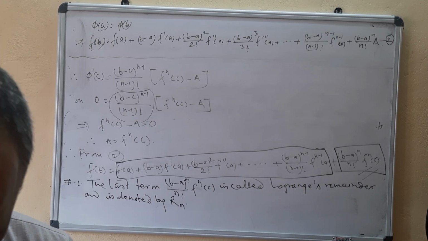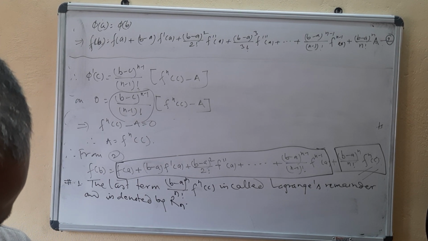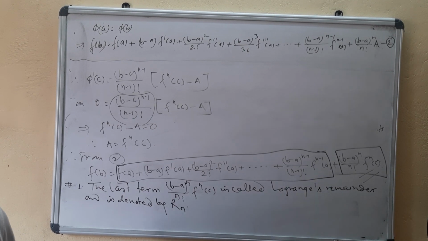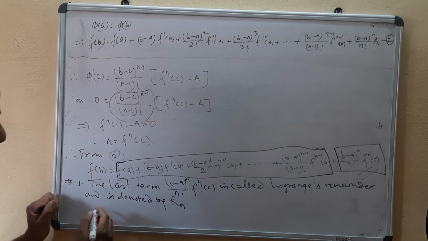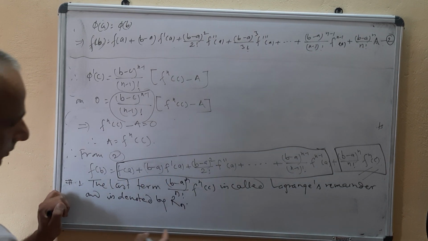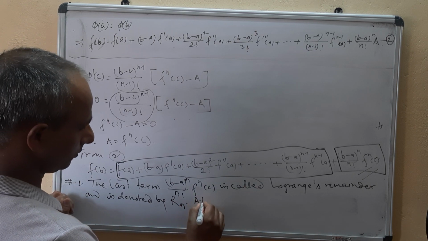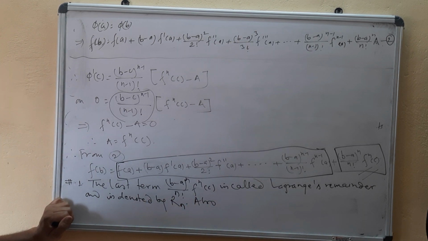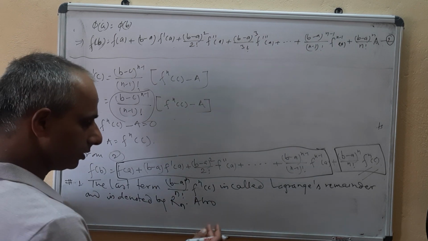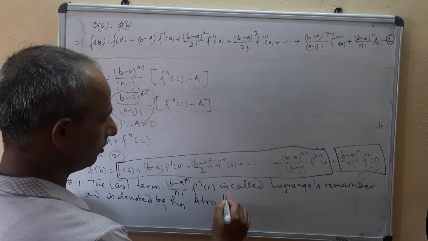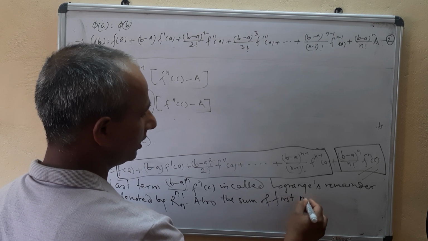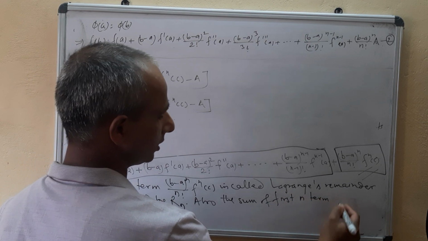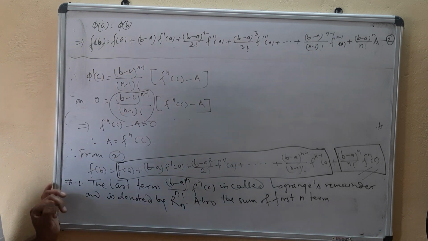On the right hand side, if you see there, the sum of first, how many terms are there? N terms. Sum of first n terms, isn't it?